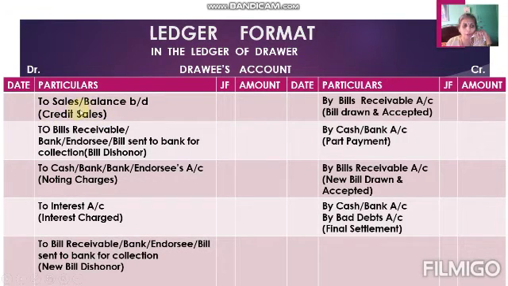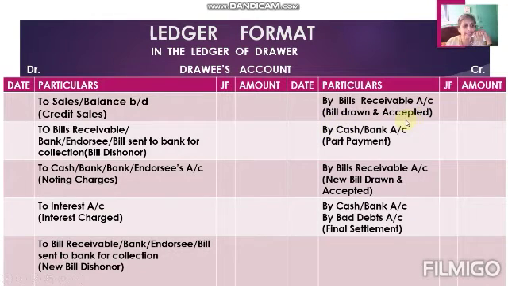And whenever the problem starts with bill drawn and accepted, at that time you have to write balance brought down. The next entry is for bill drawn and accepted. The entry in the books of drawer is bills receivable account debit to drawee's account. So on the credit side of drawee's account we write 'By bills receivable account'. This entry is for bill drawn and accepted.